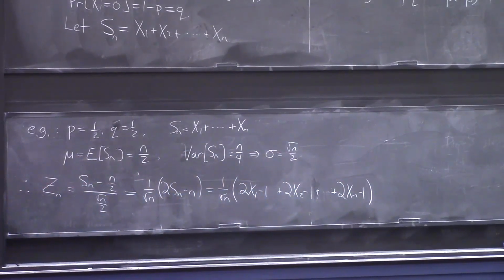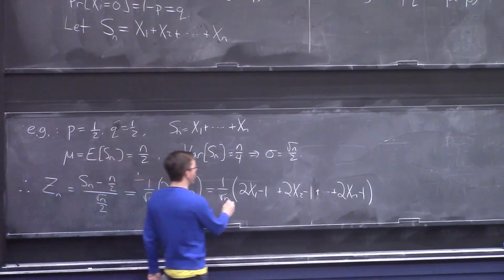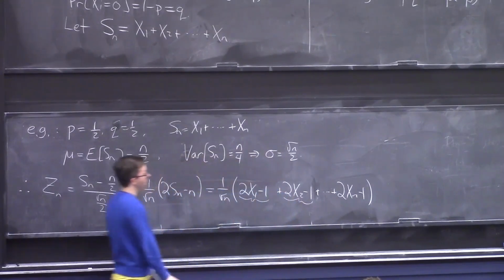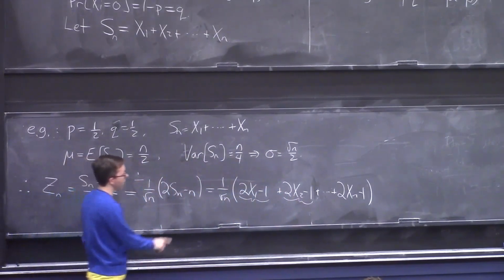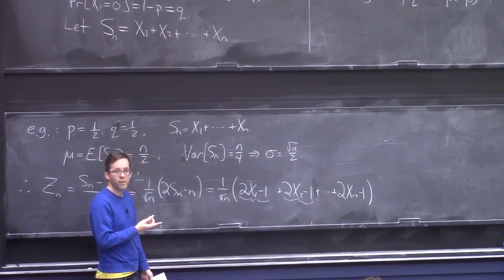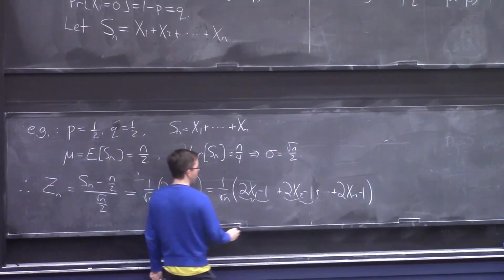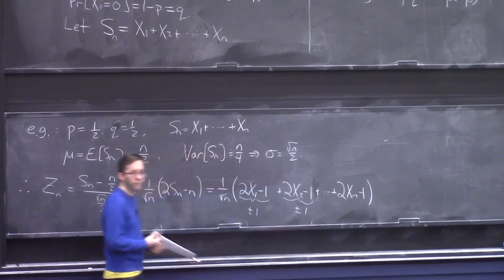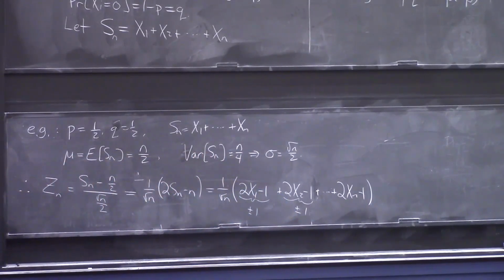And the reason I do that is, you see, now look at these random variables here. These are nice random variables too. These random variables, 2xi minus 1, half the time it's 1, half the time it's minus 1. So these are all random variables which are plus or minus 1 with equal probability. Such random variables are called Rademacher random variables by fancy people.